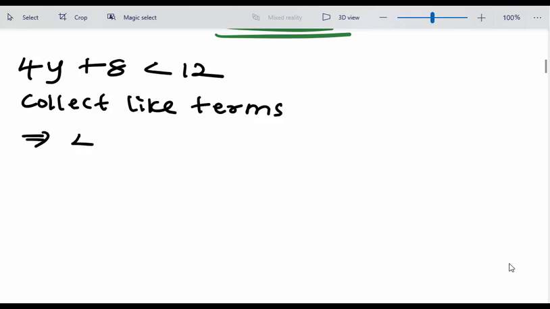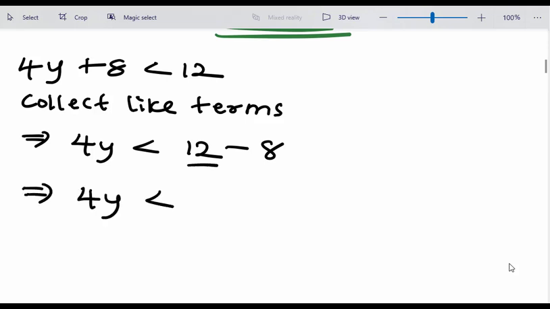So this implies that 4y less than 12, because this guy will cross this inequality sign. If he crosses it, it becomes minus 8. We'll have 4y less than 12 minus 8, which will give us 4.